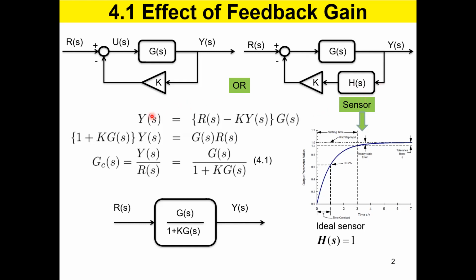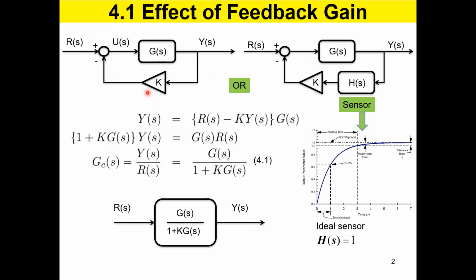Now, can we write down the signal flow, because this is a feedback loop? I'm going to write the response Y(s) is equal to R(s) minus K times Y(s), and then it goes through G(s), is equal to Y(s). This entire loop.